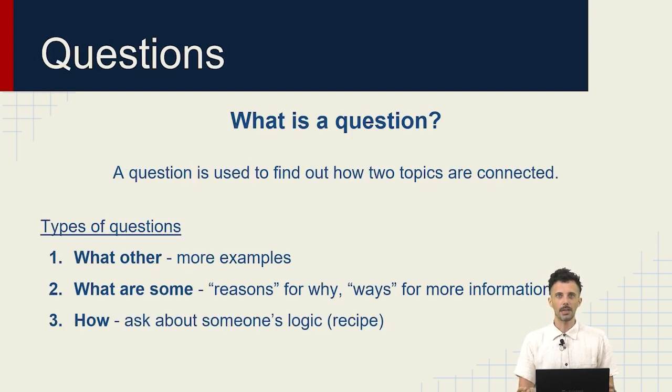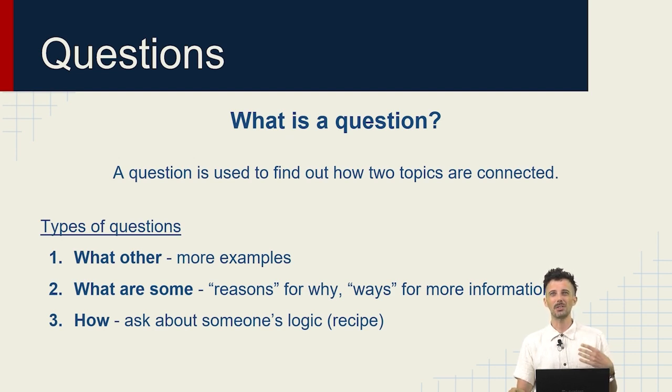Okay, so I would say the other thing is that after you choose a small talk topic, you want to focus on the questions that we used earlier. A question is basically used to find out how two topics are connected. I had three types of questions earlier.